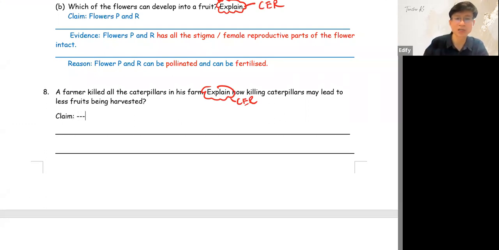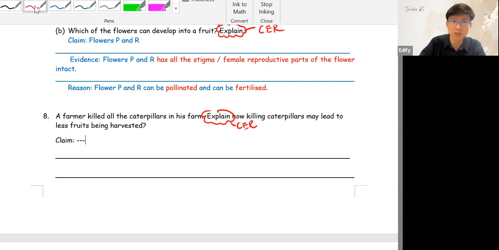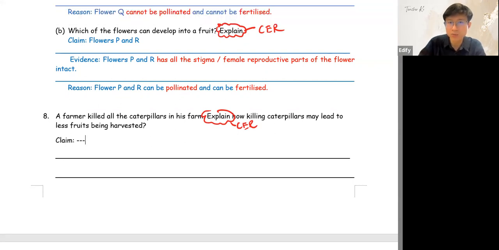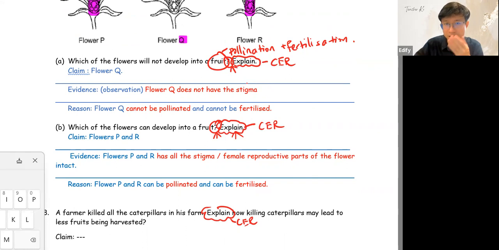When do we need to have a claim? We need a claim when there is another question in front of the explain, like the previous one. There's a question mark, so make sure that you answer this question before you go to explain. Just like the previous question, there is a question mark before the explain. Make sure you give it an answer before you explain.